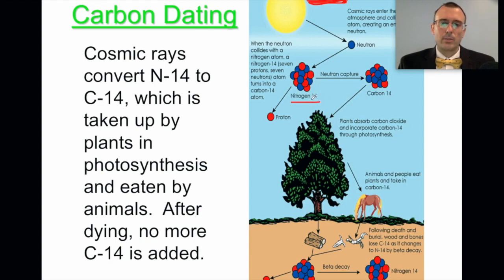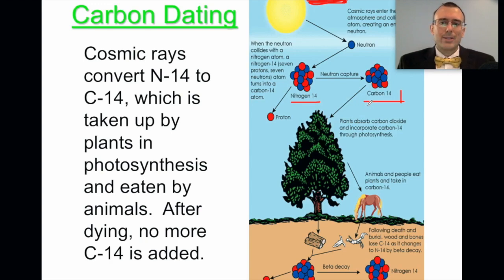Nitrogen is typically nitrogen 14. However, when it's bombarded by this cosmic radiation, through a number of different steps, that nitrogen 14 can turn into carbon-14. The carbon-14 then reacts with oxygen in the air to turn into carbon dioxide. That carbon dioxide now has carbon-14, and carbon-14 is radioactive.